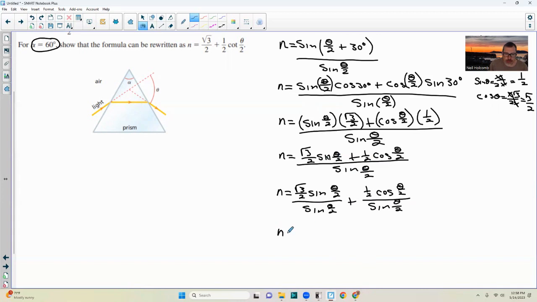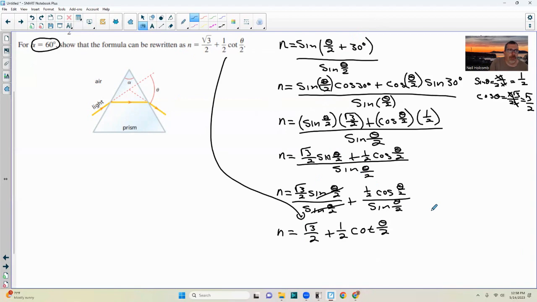Then the sine of theta over 2 cancels, and I get root 3 over 2 plus 1/2, and cosine over sine is cotangent of theta over 2. So there it is simplified: the square root of 3 over 2 plus 1/2 cotangent theta over 2. We have shown that the formula can be written as that by using the sum of the sines formula.